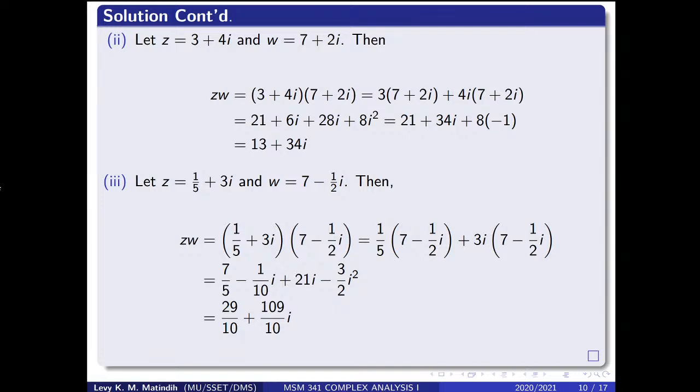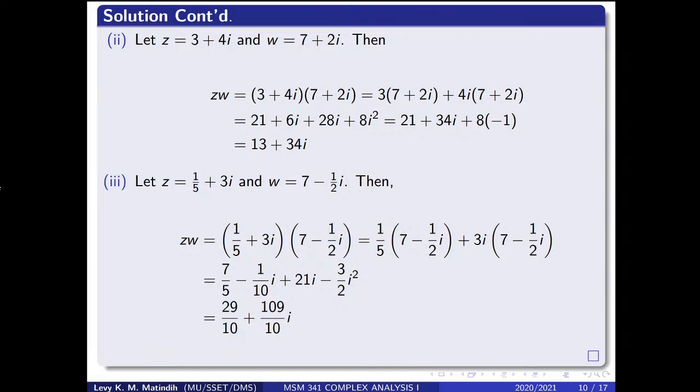So this is the same as 3 times 7 plus 2i plus 4i times 7 plus 2i. When we expand this, we are going to have 3 by 7 to give us 21, 3 by 2i is going to give us 6i, 4i times 7 is going to give us 28i, 4i times 2i is going to give us 8i squared.